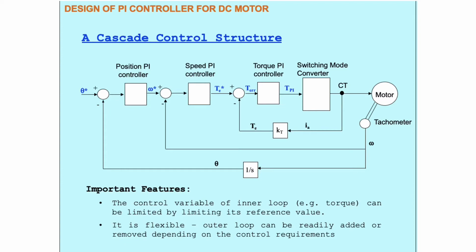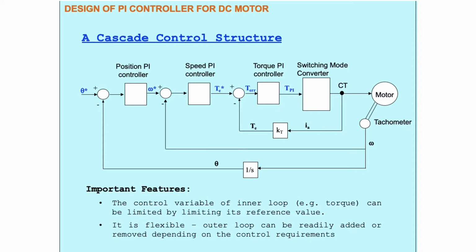The speed PI controller inputs the current speed of the motor and outputs torque. This occurs by an algorithm in the PI controller that compares the current speed of the motor and the rated speed.